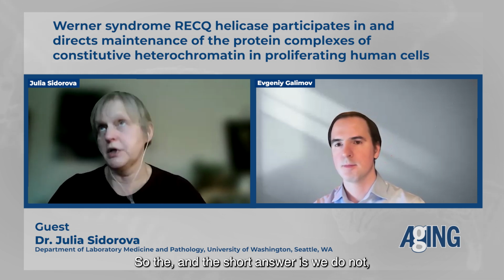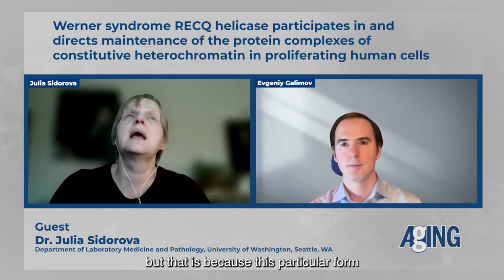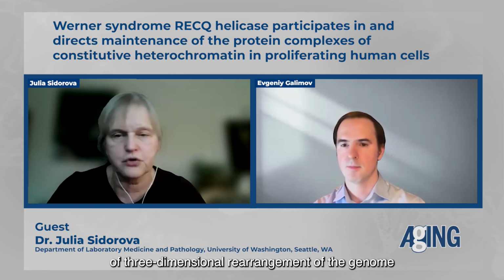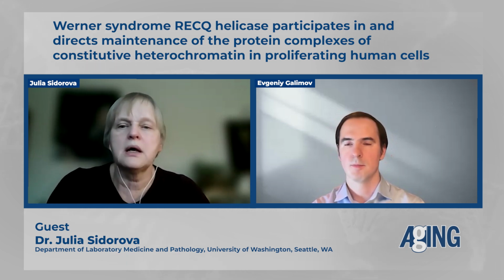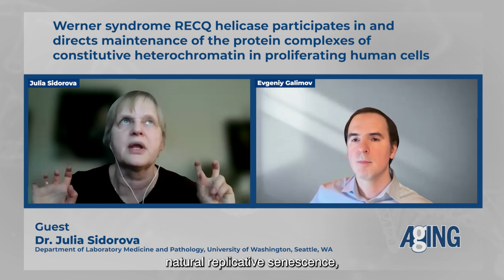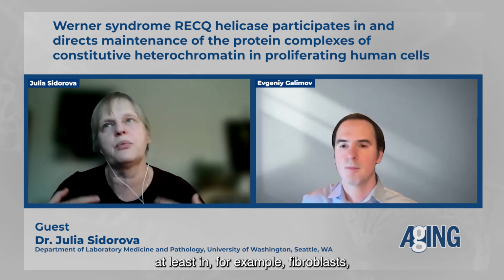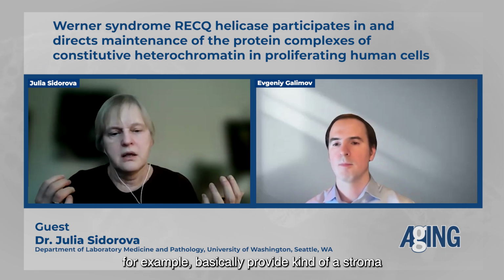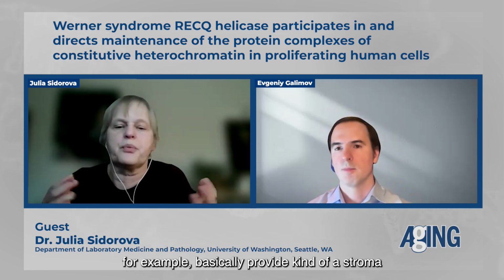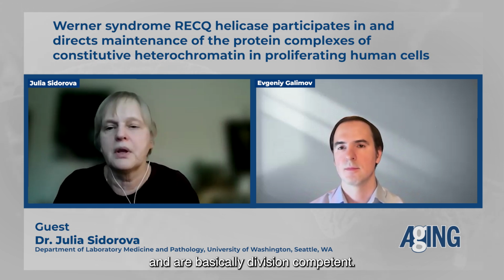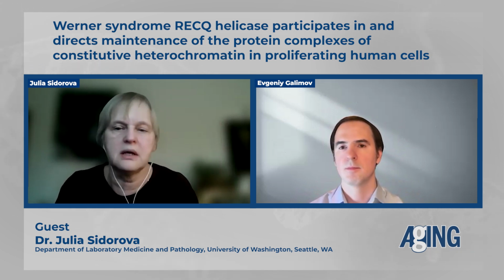The short answer is we do not, but that is because this particular form of three-dimensional rearrangement of the genome is not happening with natural replicative senescence, at least in, for example, fibroblasts, the cells that provide a stroma for many of our tissues and are division competent.